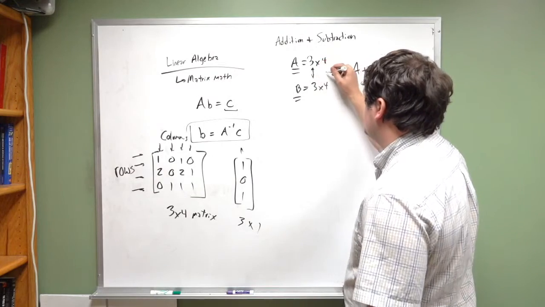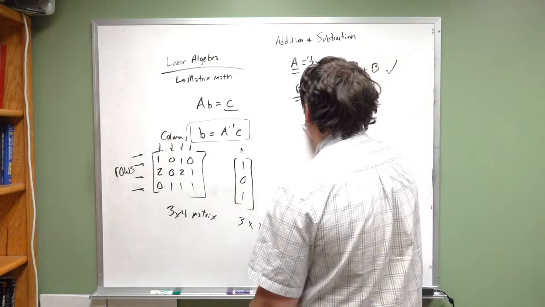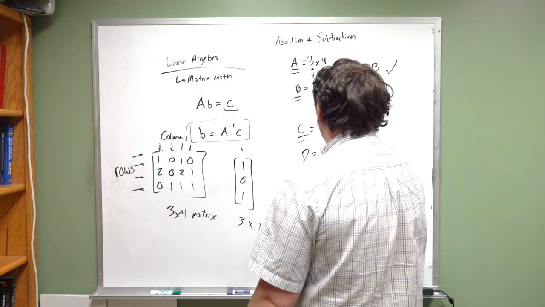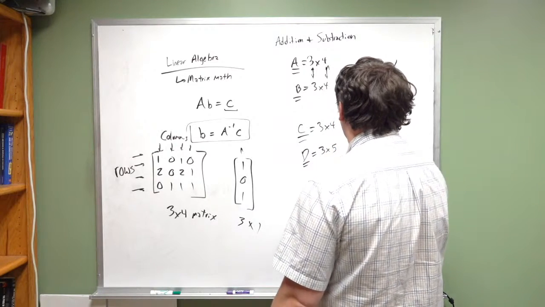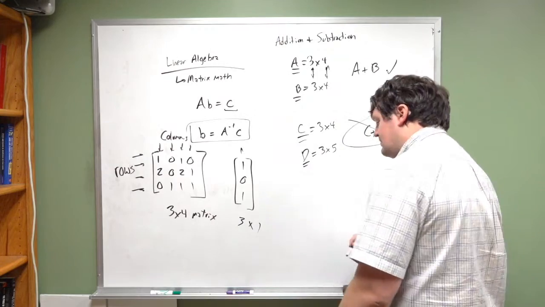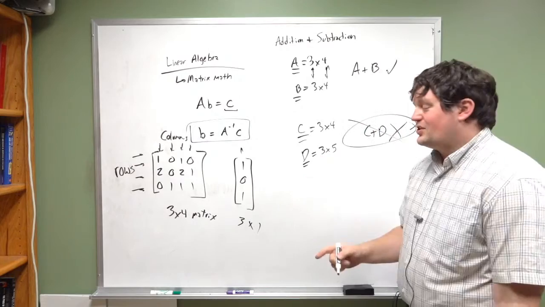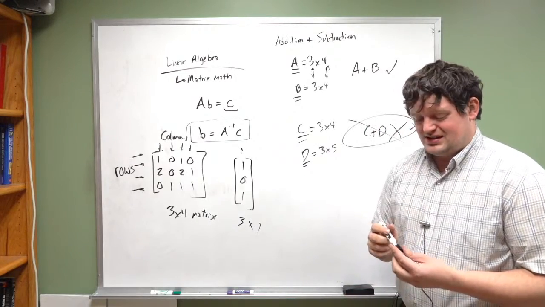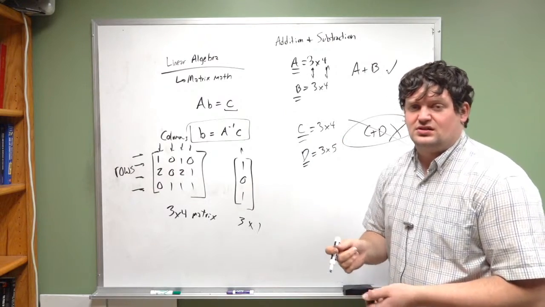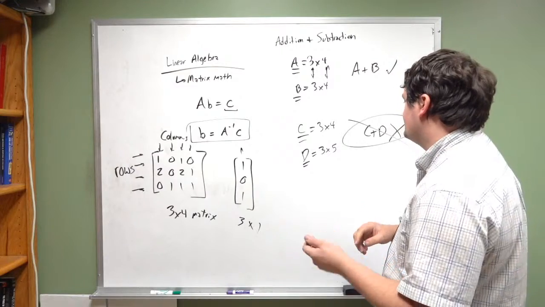This has to be identical, and this has to be identical. Otherwise, you can't add them. If C is equal to 3 by 4 and D is equal to 3 by 5, you cannot add them. Okay? It's just the nature of matrix math. You have one weird column that's just sitting out there that gets added to nothing. And it doesn't make any sense. And we did discuss that in the last class.